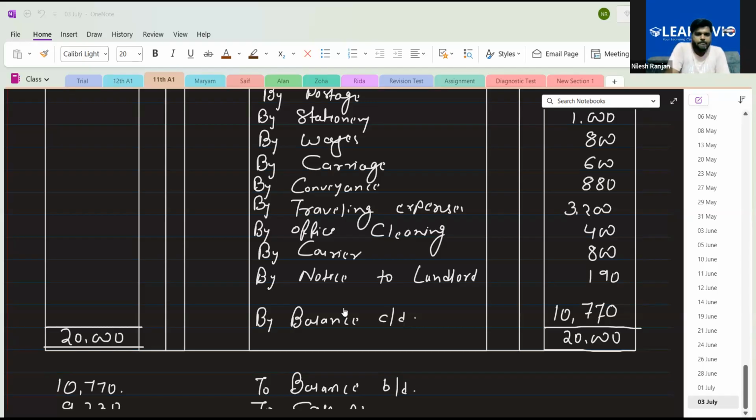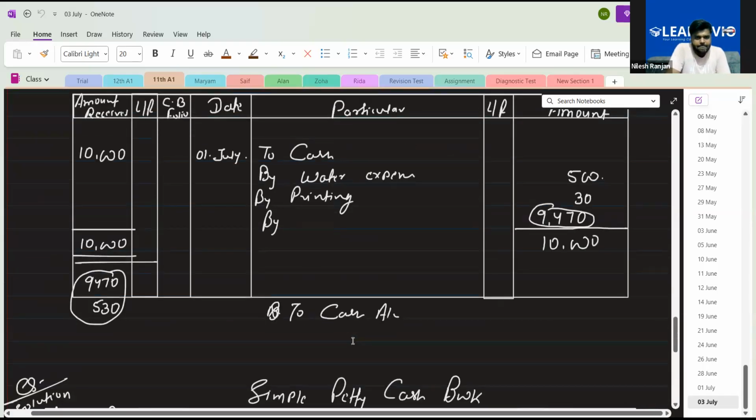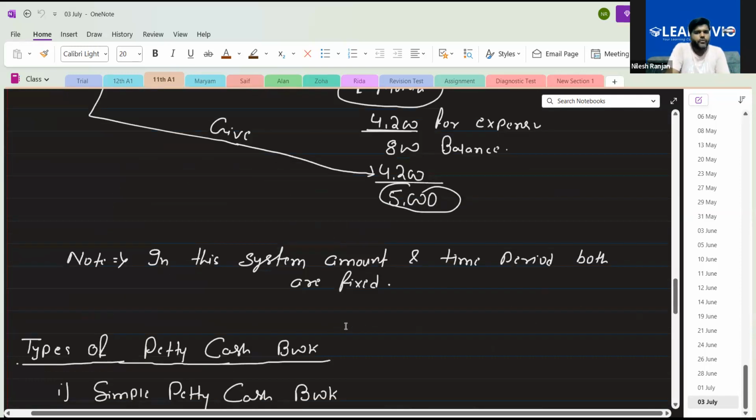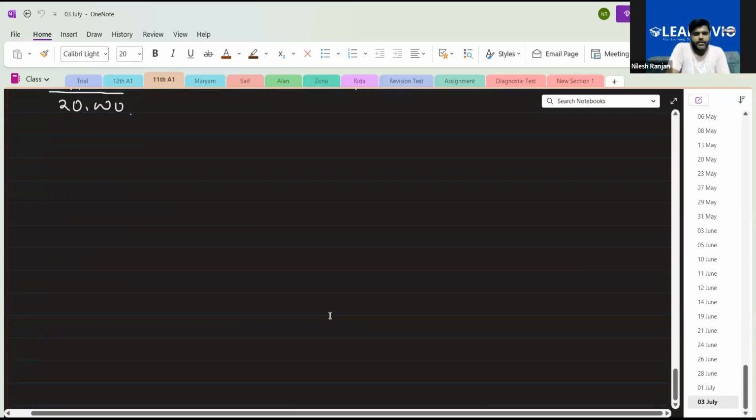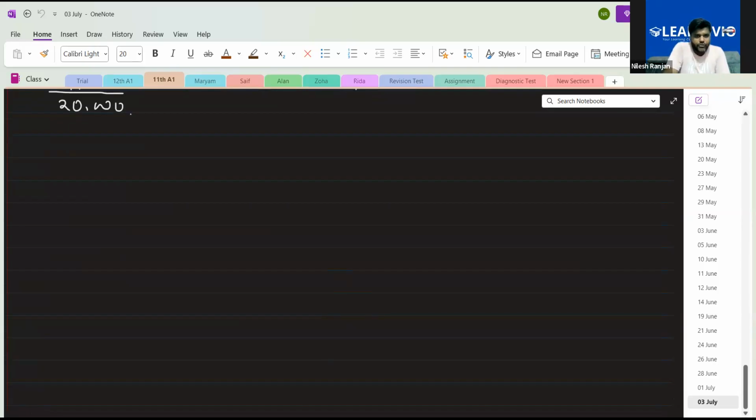Okay, so there is one part, analytical petty cash book, that is left. I will solve one portion of that also, and then we will discuss other books. Actually, the same portion that I have done here can be solved in petty cash book also.